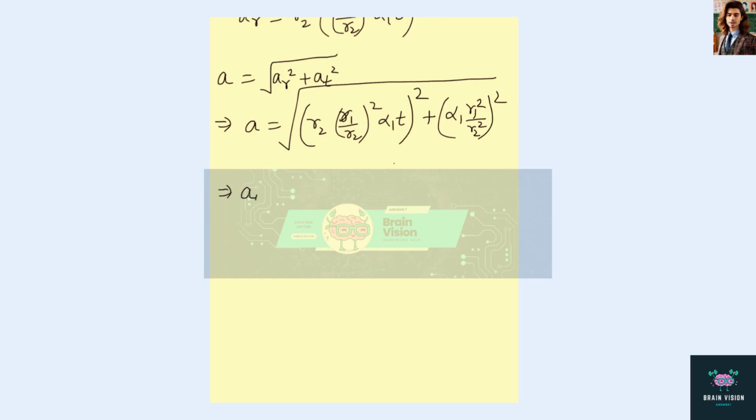So after solving this equation, the acceleration of the particle P comes out to be r1 by r2 r1 square by r2 alpha 1 under root 1 plus r1 by r2 power 4 alpha 1 square t power 4. So this is the answer for the second part, in which we have to determine the acceleration.